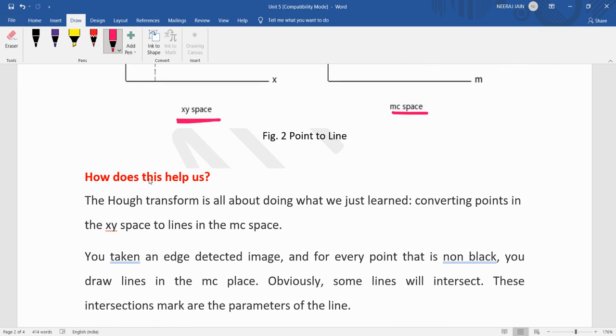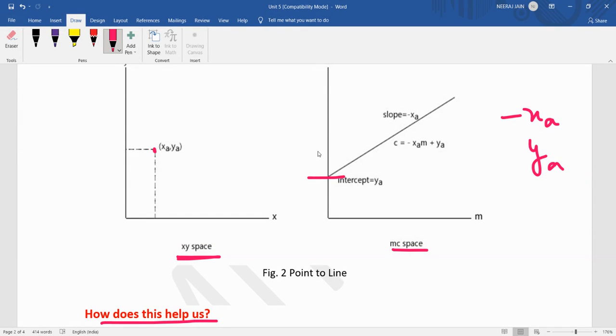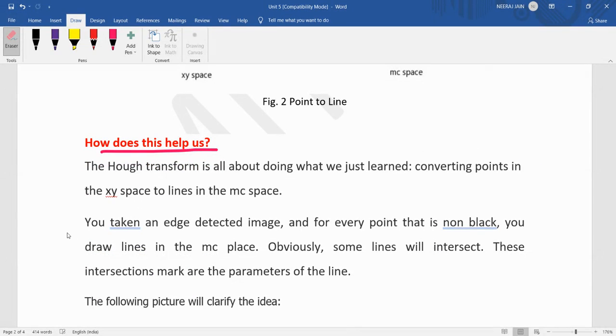So how does this help us? Now we have seen the basic fundamentals of the Hough transform. Now we see how it can be helpful. The Hough transform is all about doing what we just learned, converting a point in the xy space to a line in the MC space. Now you take the edge detected image, and for every point that is non-black, you draw a line in the MC space.